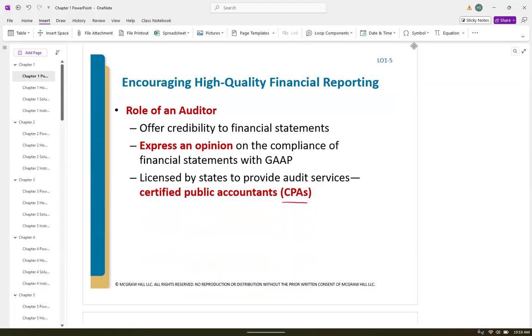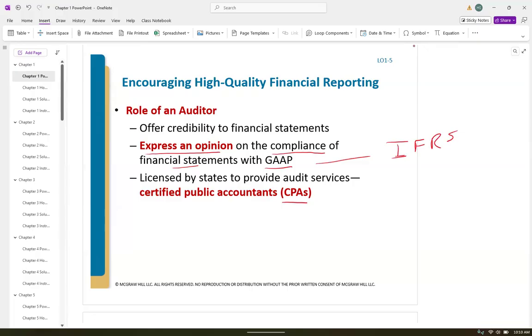They are not saying this is a good company to invest in, put your money here, don't put your money there. They're not saying that at all. All they're doing is expressing an opinion on the compliance of the financial statements with GAAP. And if they're using IFRS, then they will say IFRS.